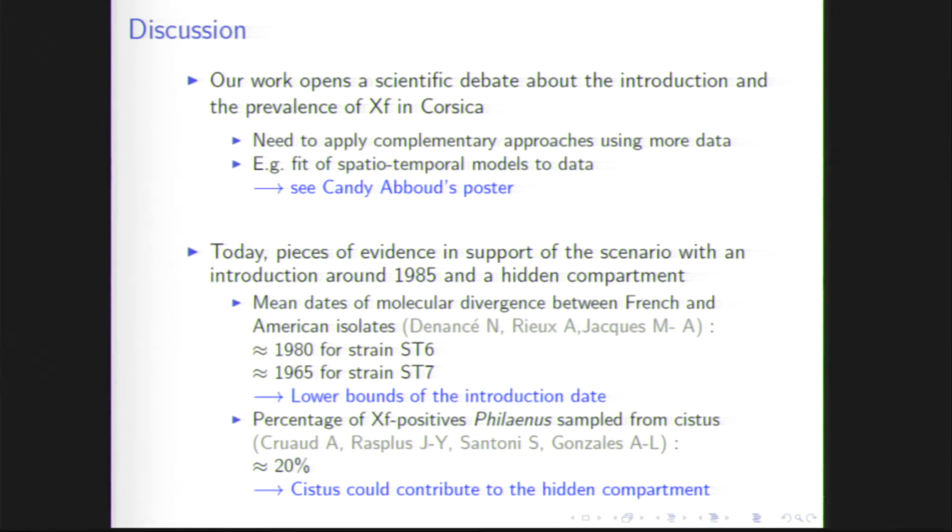And they obtained these dates of divergence, 1980 for strain ST6 and 1965 for strain ST7. These dates can be viewed as proxy or lower bounds of the introduction date. And they are more consistent with our second scenario, which infer an earlier introduction date.